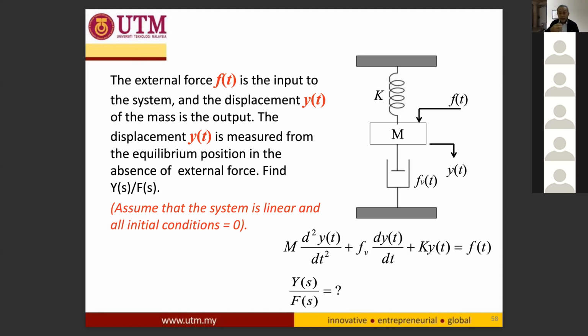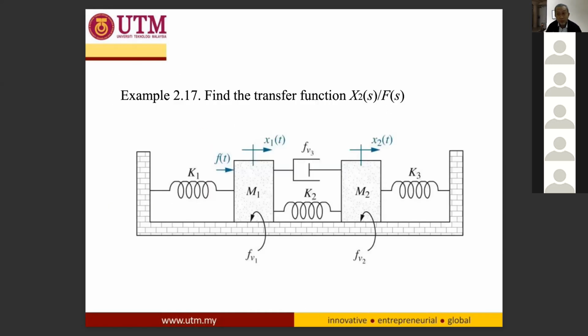Right, then find the transfer function X2 over F for this system, which has 2 masses, 3 springs and 1 damper. This is from the normalized book.